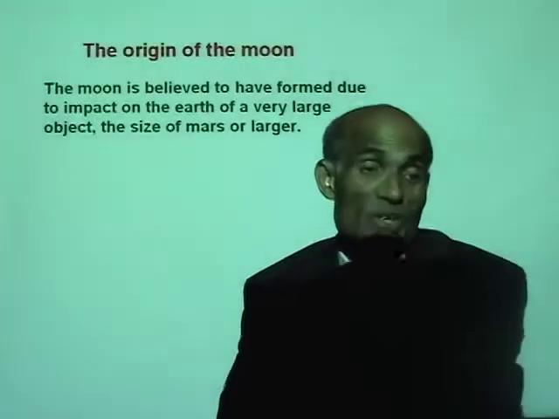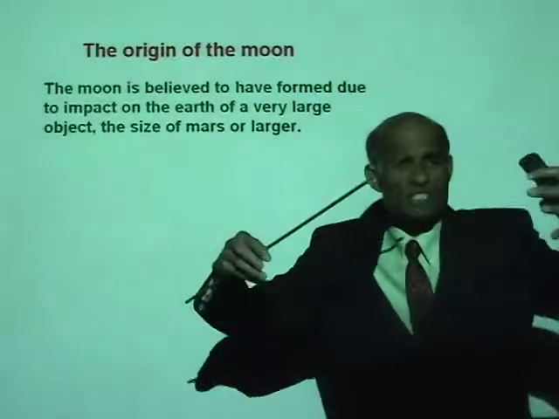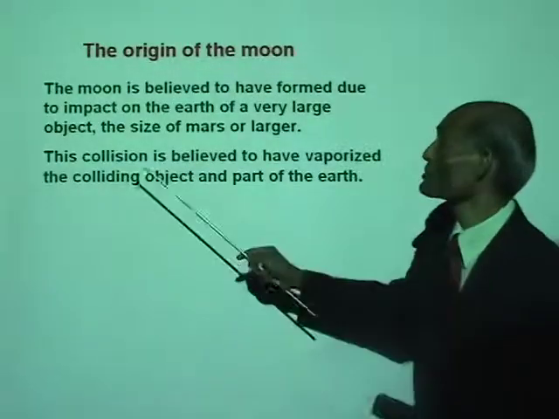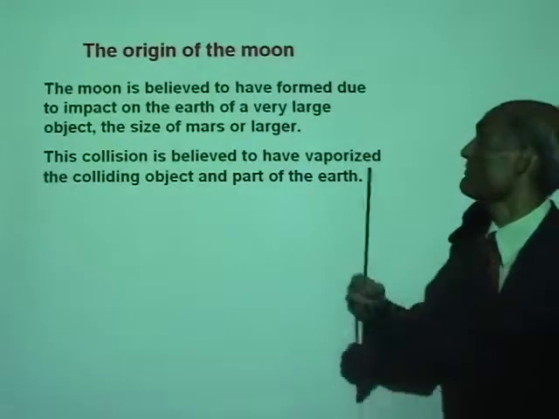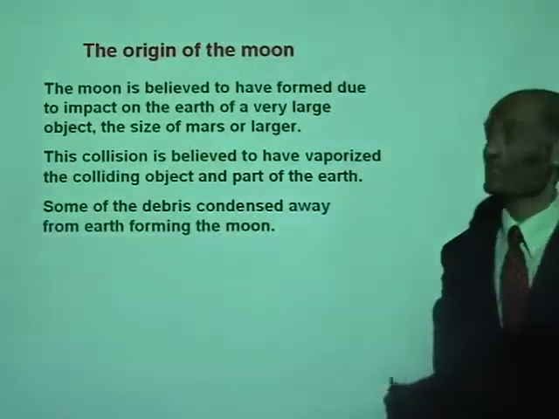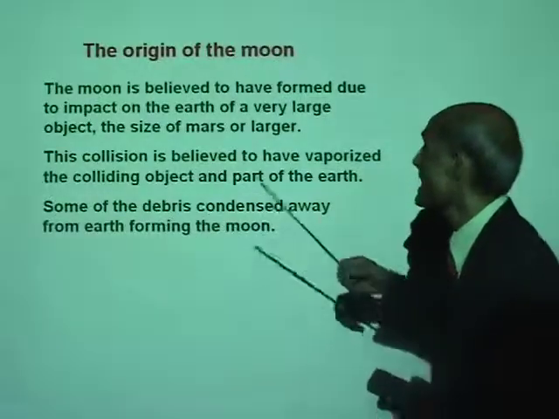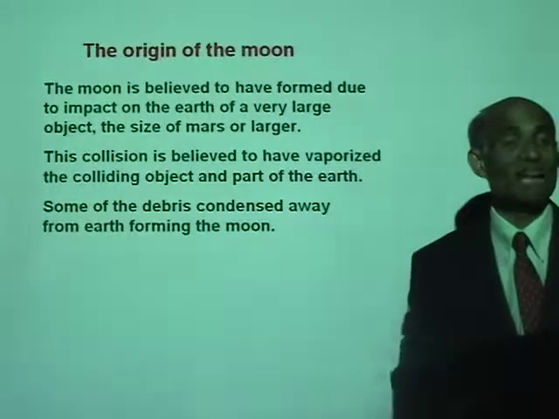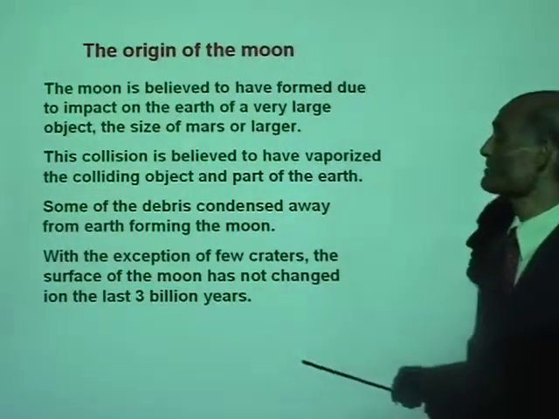You see, at the origin of the universe, such violent acts were very prevalent. So this collision is believed to have vaporized colliding objects and part of the Earth. Some of the debris condensed away from the Earth, forming the moon. That is how our moon is formed.